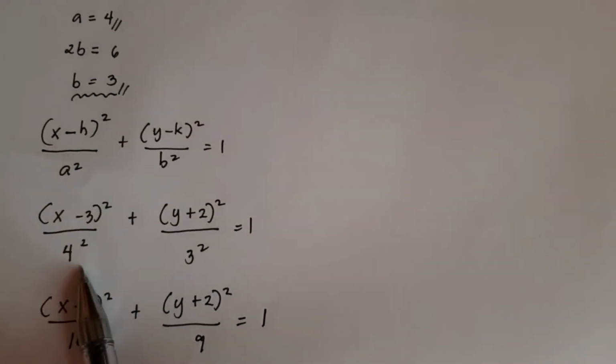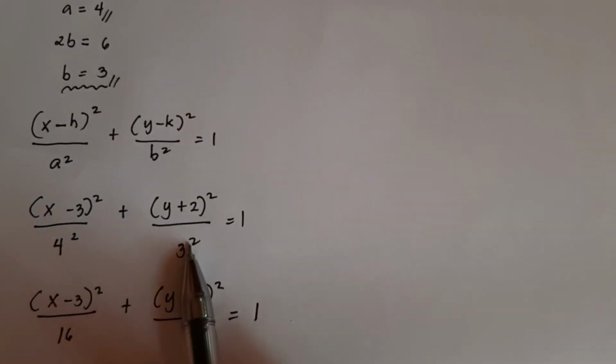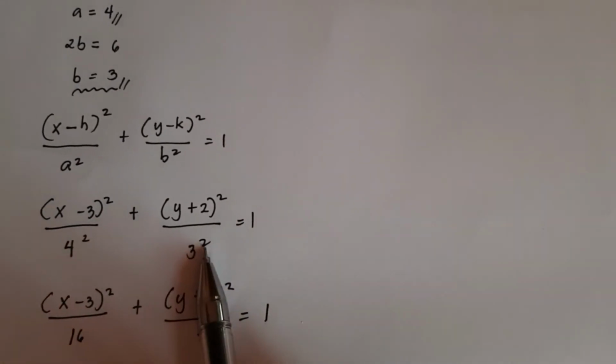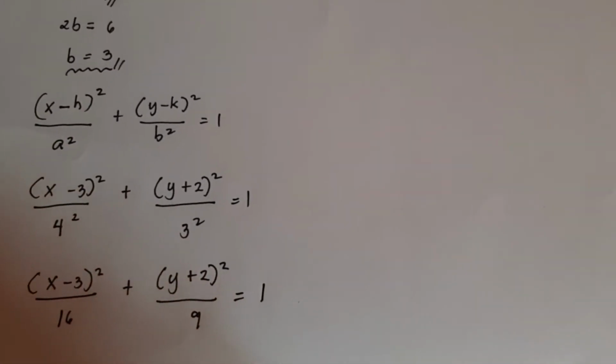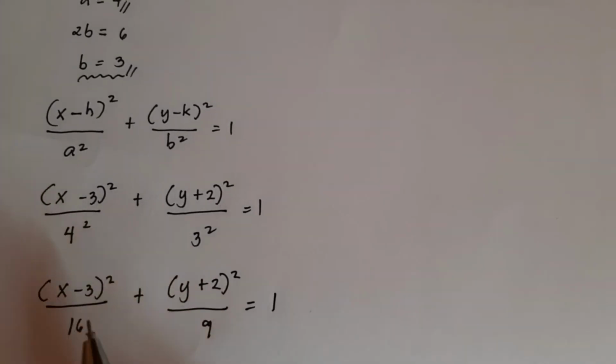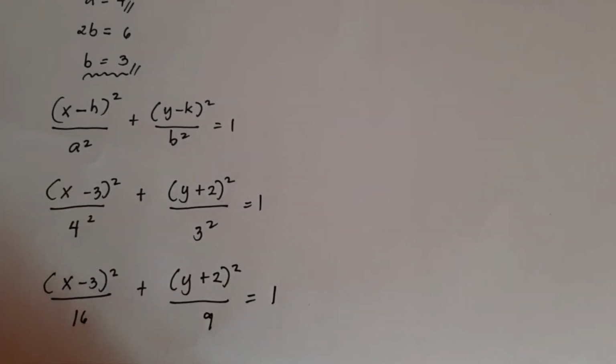Ang technique lang dito, hindi nyo naman kailangan tandaan kung dito yung a squared, dito yung b squared, dito yung b squared, dito yung a squared. Basta kung ano yung major axis niya, nandoon yung mas mataas na value. So, kung ang mas mataas ay 4 kaysa sa 3, a tsaka b lang naman yun.